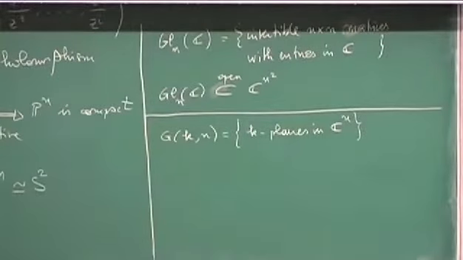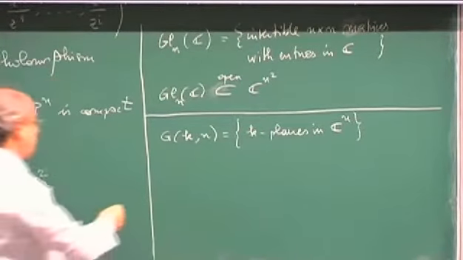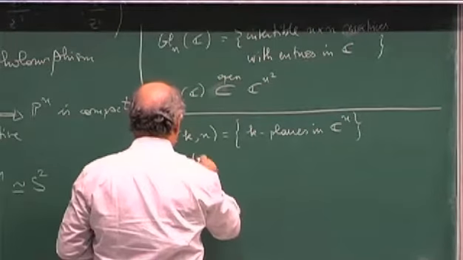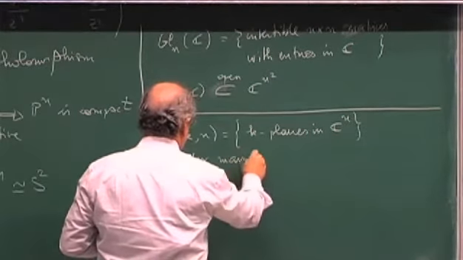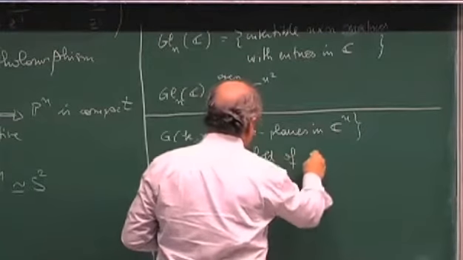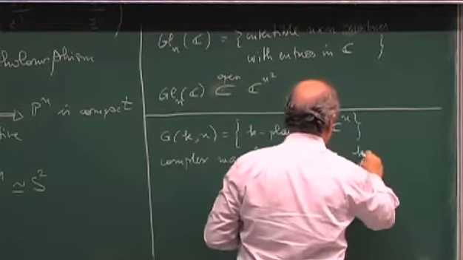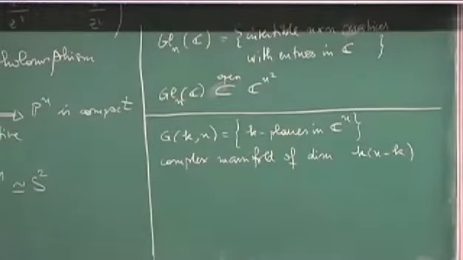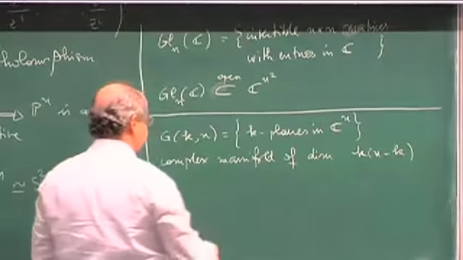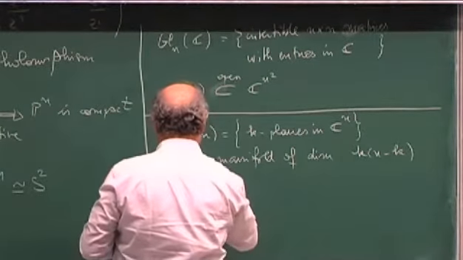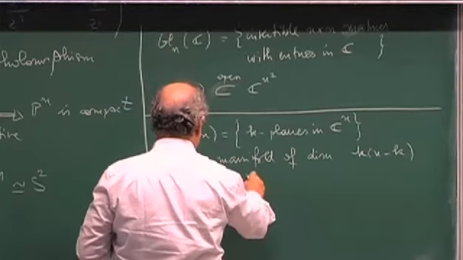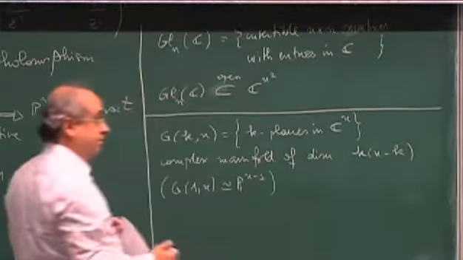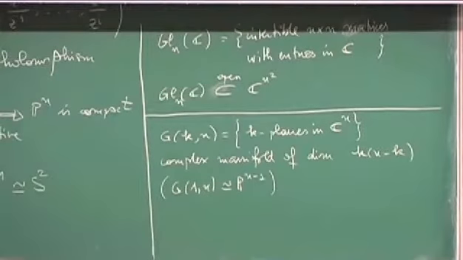And with a little more work, you can prove that this is a complex manifold of dimension over the complex numbers, of course, k(n-k). This is called the Grassmannian of k planes in Cn. And of course, G(1,n) is just another name for P^(n-1), from our previous definition.